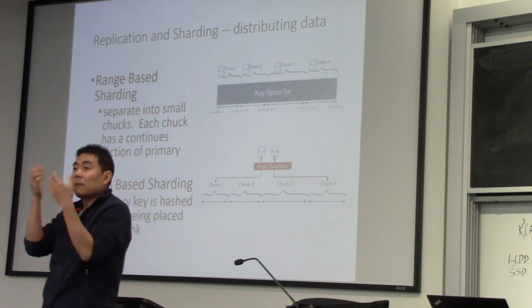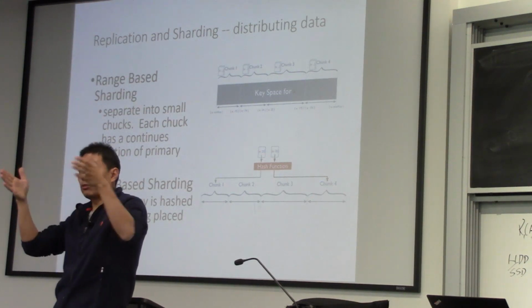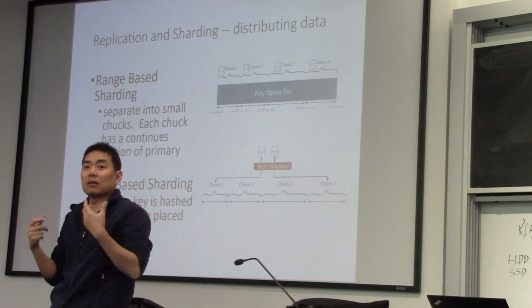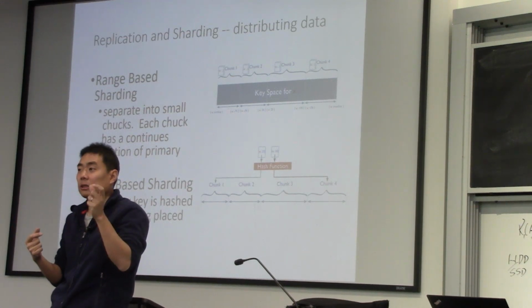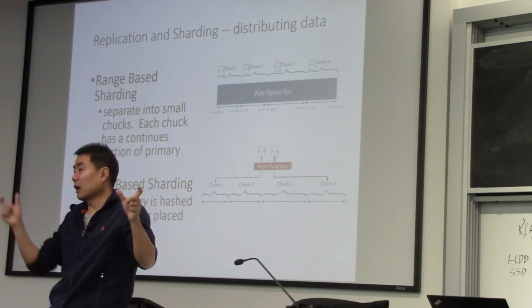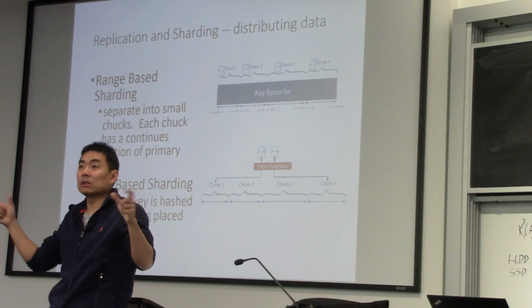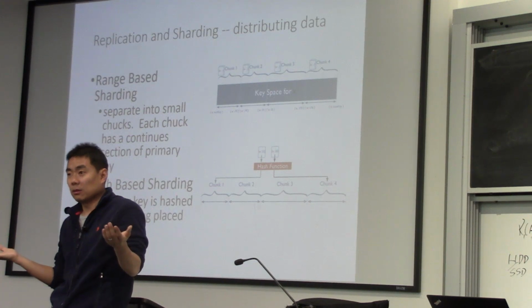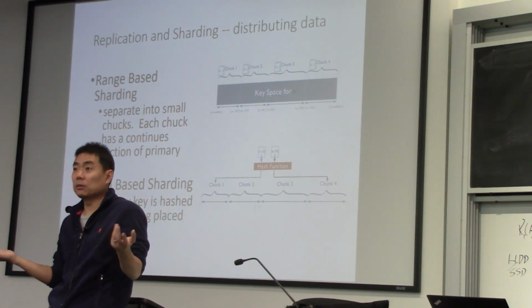And furthermore, if your queries over this rating space are pretty uniformly distributed, meaning that there are roughly the same number of queries for rating between 1 and 10 and for rating between 91 and 100, what do you get? You get a balanced load distribution over different nodes in your distributed server.